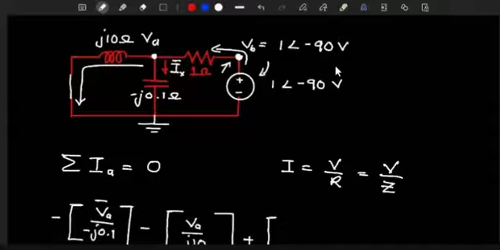And remember, VB is the one we positioned as the one supplied. So VB will be 1, phase minus 90. Then minus where it is going, VA, right? Then over the resistance there, which is 1. That is everything.